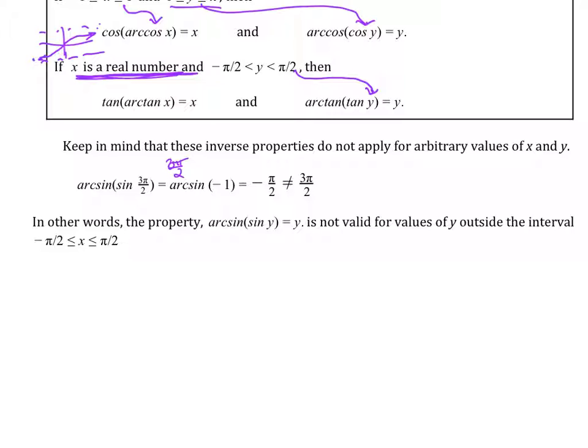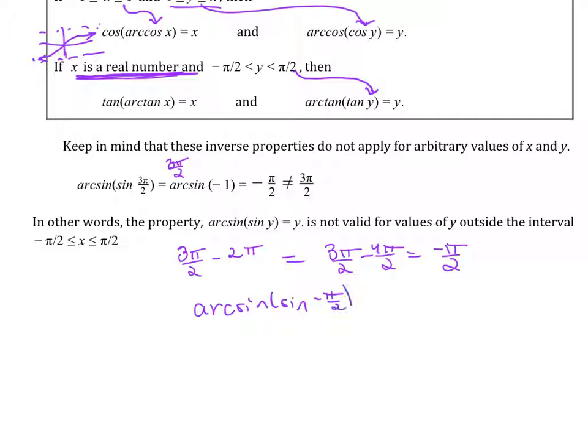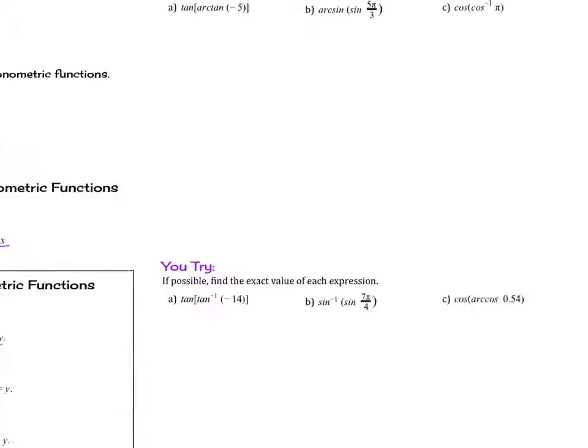One thing we can do is find the coterminal angle for 3 pi/2. We subtract 2 pi, so this is 3 pi/2 minus 4 pi/2, which is -pi/2. So we could rewrite it as arcsine of sine of -pi/2, and that will equal -pi/2. We'll see that in just a moment.